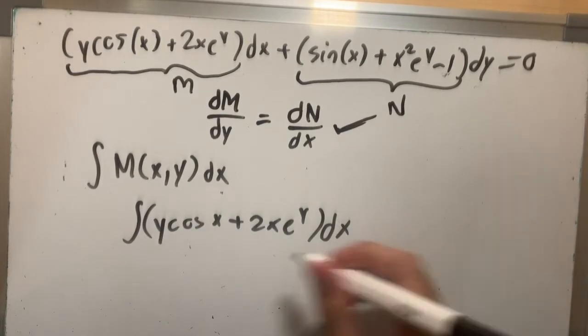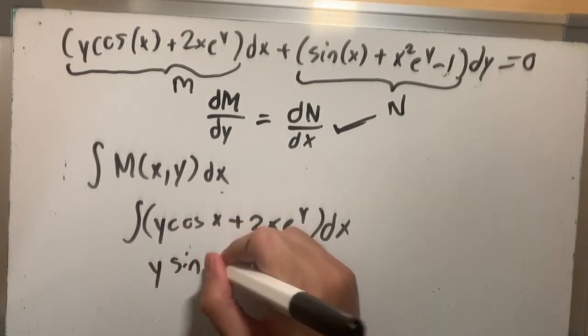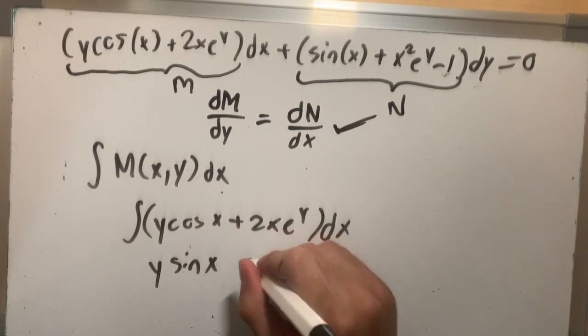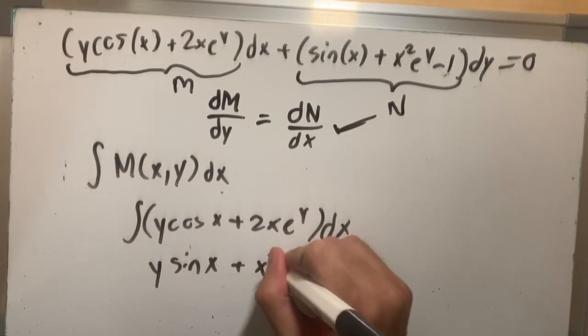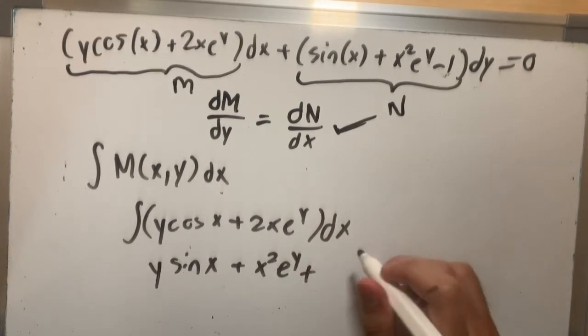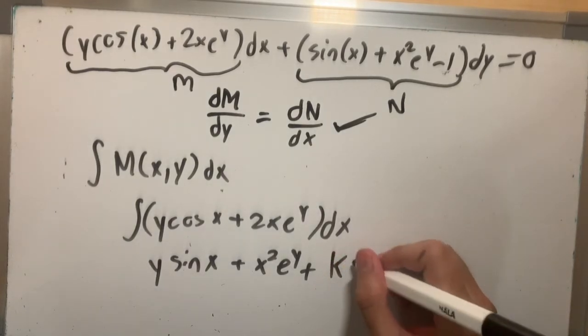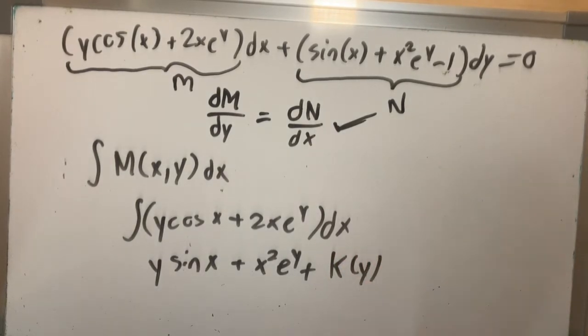Once we find the integral of this, it's equal to y sin x plus x squared e^y plus c, but we're gonna define it as something else because we don't want to say c. We're gonna say, let's say k of y. We're gonna define it as some kind of function because it's more important to us than just a constant.